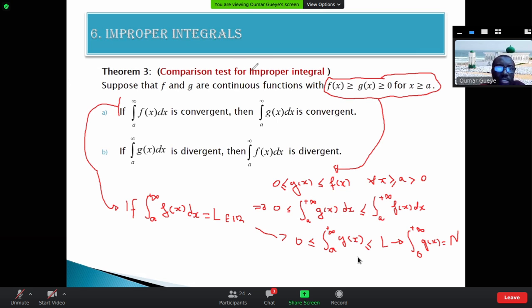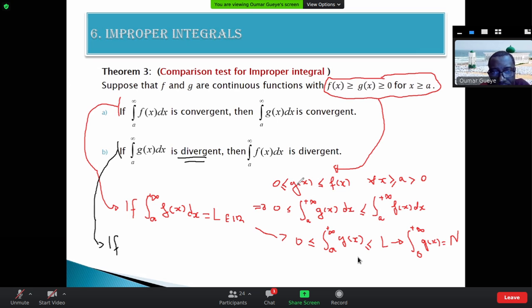The second case here is this. Now, if the integral of g is divergent, divergent means the integral is either equal to positive infinity or negative infinity. But since my function g is already greater than 0, its integral cannot be negative infinity because it's positive.